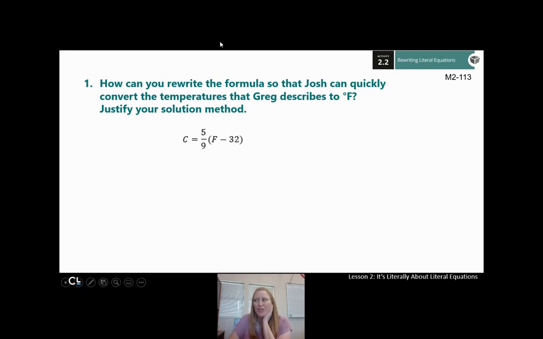So can you do some work on this formula and solve for F? Can you get the F all alone? I'm going to show you in just a moment, but if you would like to take a second to try it out, go ahead and hit pause, see if you can get an F equals equation, and then hit play when you're ready to check your work.